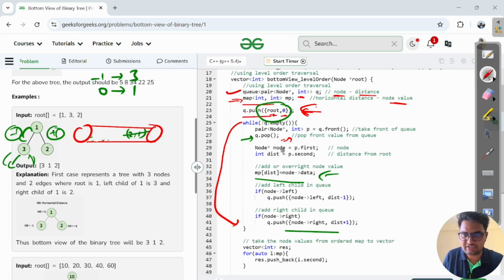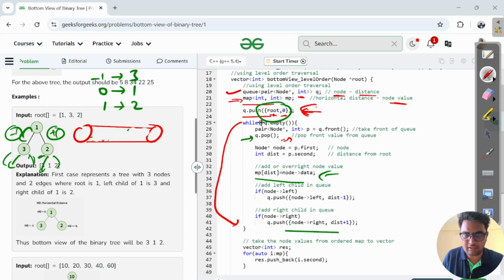So p dot first, that is node is 2, and the distance is 1 here. This distance is 1, so at 1 we will insert this 2, and then we will check for the left of this one, right of this one, and this is now empty. Queue is now empty, correct.